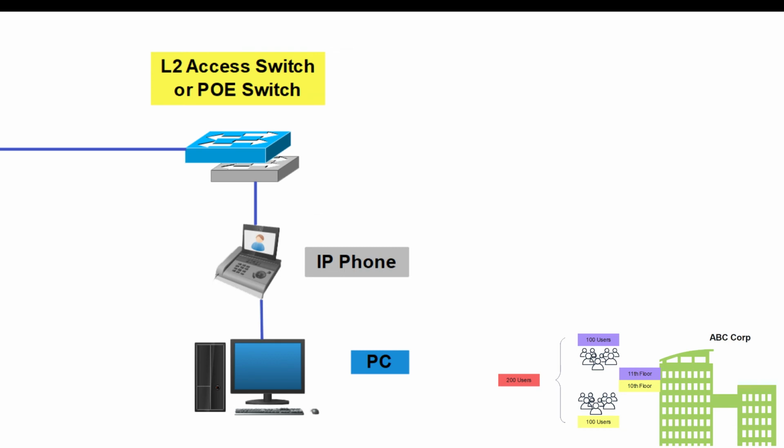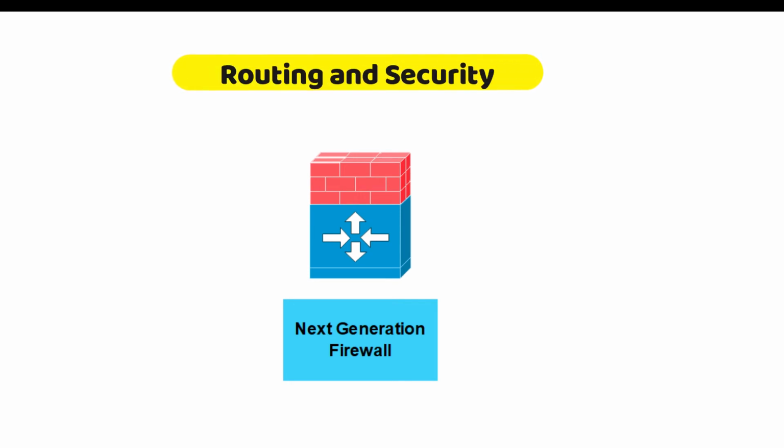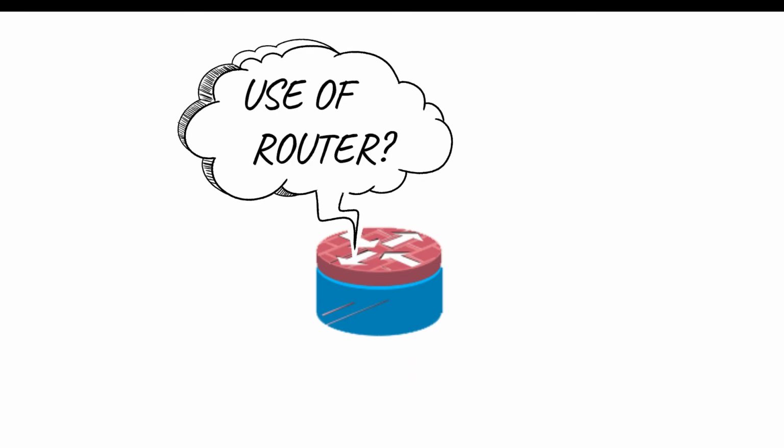Now the next part comes to router and firewall. Well, most companies nowadays prefer next generation firewalls because these firewalls have the routing capability as well as the security capability. So they don't have to purchase a router in order to handle the routing. So what is the use of a router in that case?